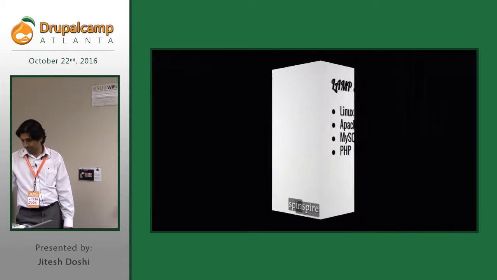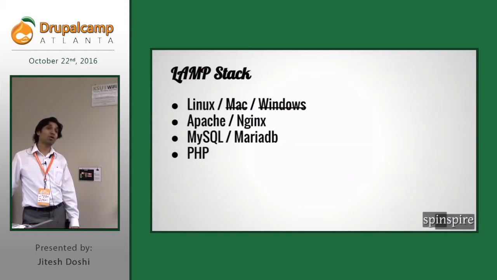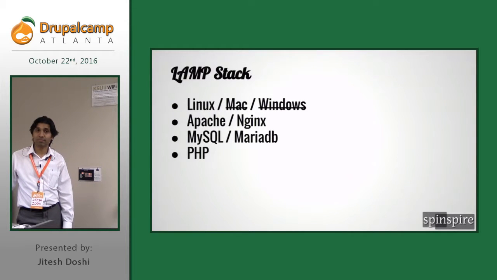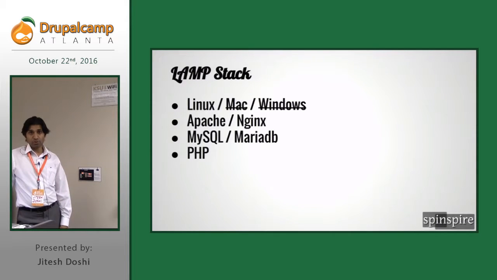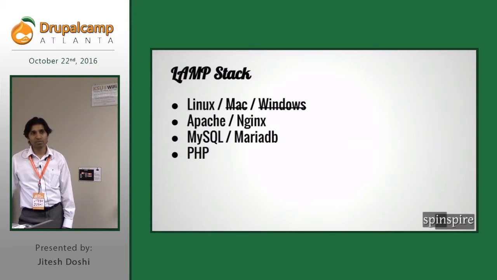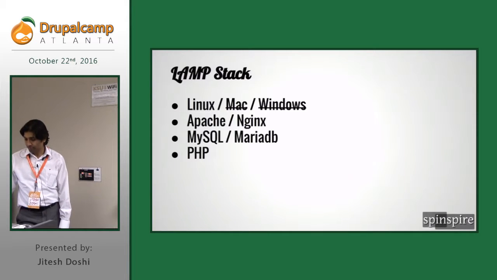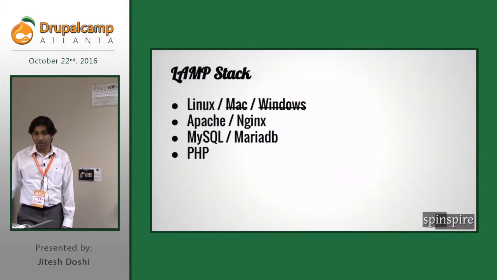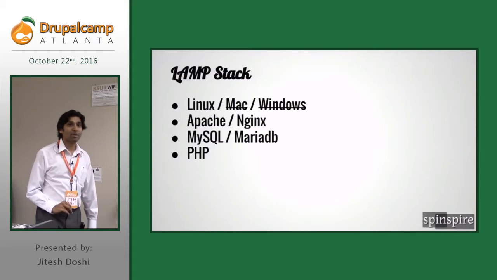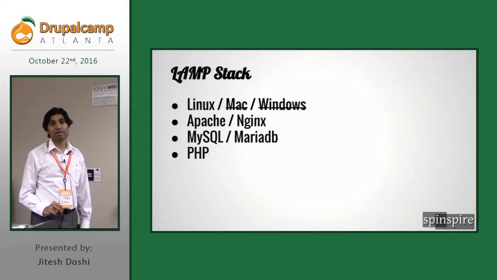All right, so then you know all about LAMP stack. Drupal runs on LAMP stack, Linux. People will say you could run the same thing on Mac and Windows. Technically, yes, you can. I wouldn't do that, but you could. The A is for Apache, but I run all of my sites on Nginx.